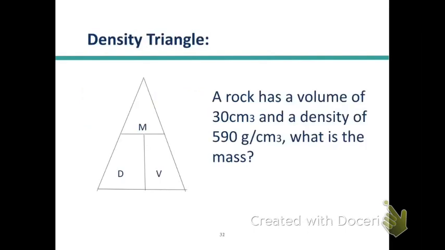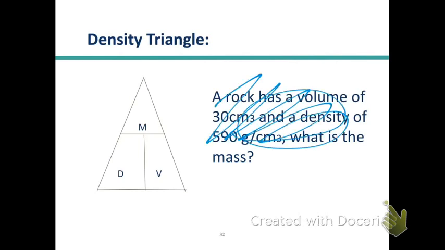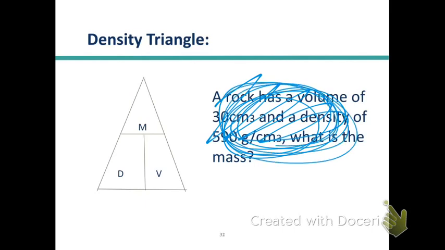This is what we call the density triangle, okay? Right now, you can ignore this problem, so just ignore that. For now, we'll come back to it. This is your density triangle. I want everybody to draw this triangle in their notes, okay? You have to set the triangle up like this.